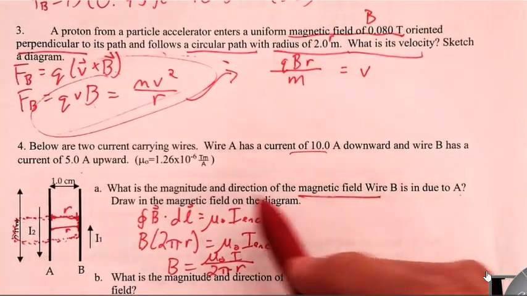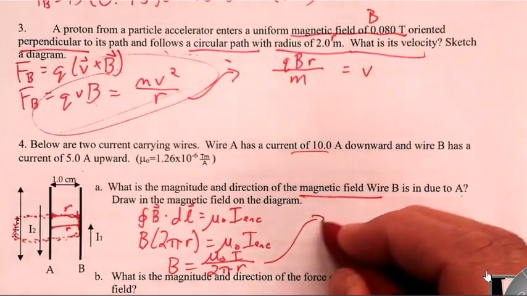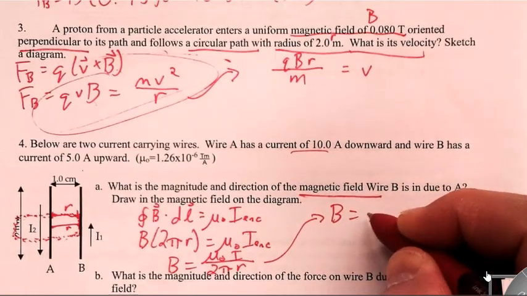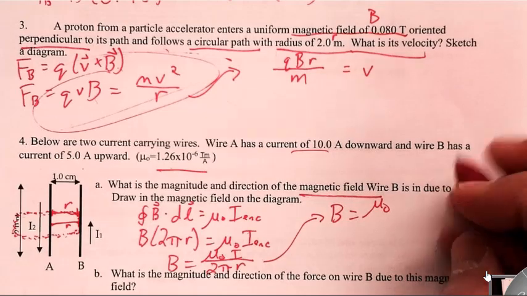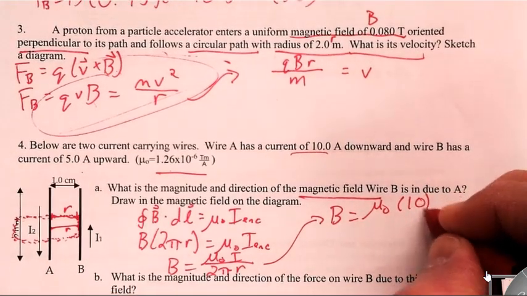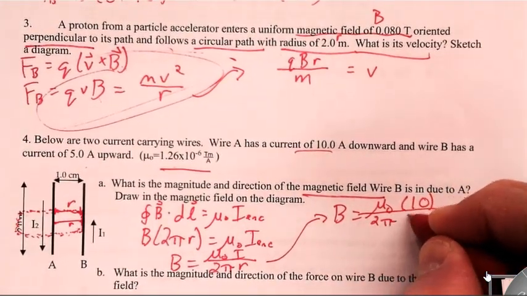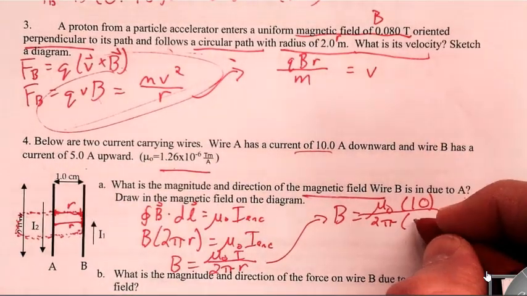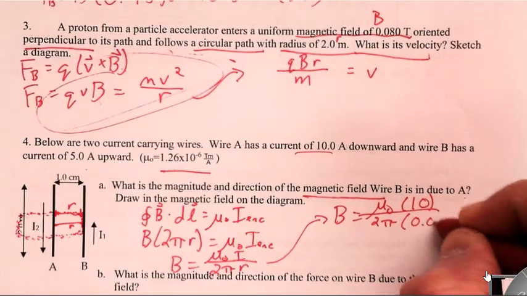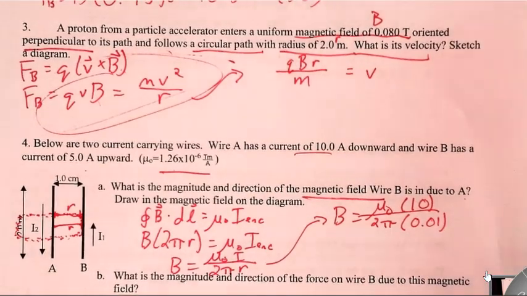So what is the direction and magnitude of the magnetic field? So let's just plug things in. Mu naught is a number, again, in your equation sheet. I is 10 amps over 2 pi, and then the radius is 1 centimeter. So what is that, 0.01 meters or something like that, I think.